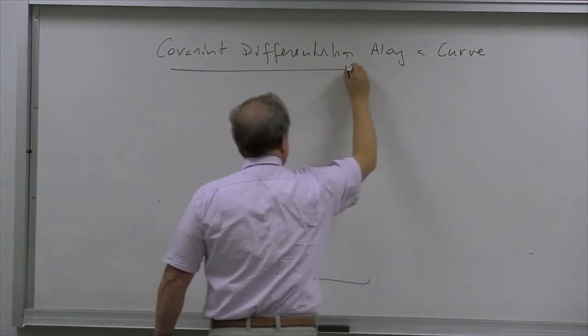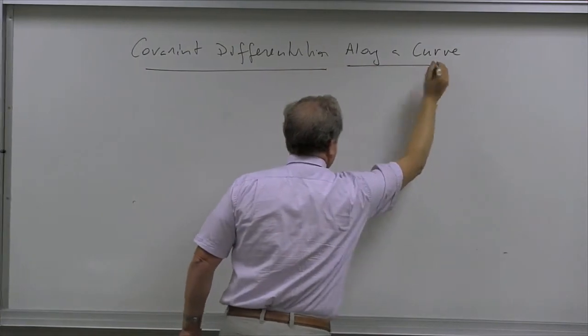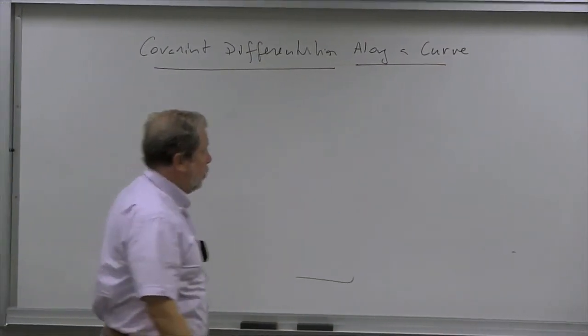So we use what we learned up to now, but we're doing this covariant differentiation along some sort of curve.